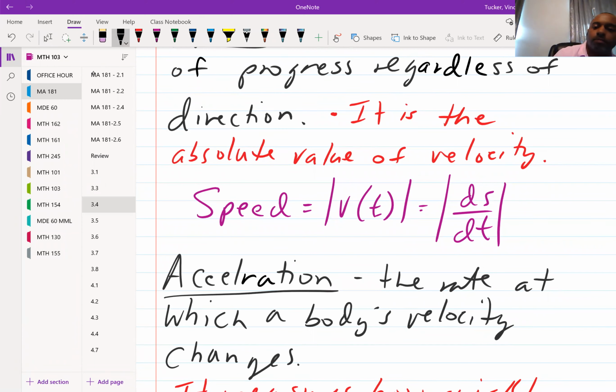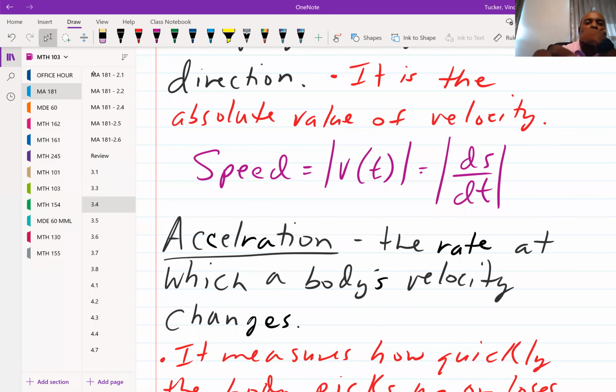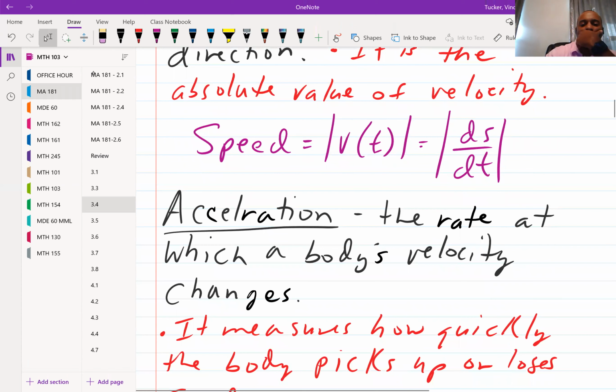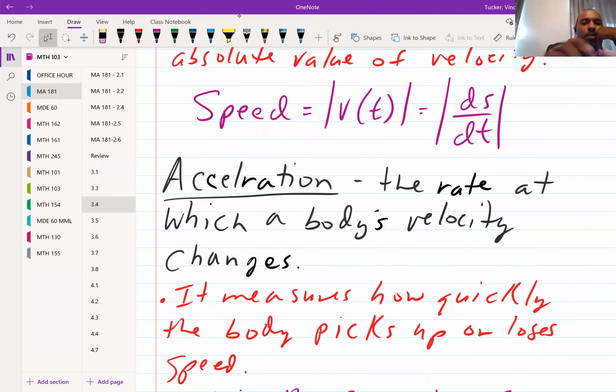Then we have acceleration. That's the rate at which the body's velocity changes, and it measures how quickly the body picks up or loses speed.